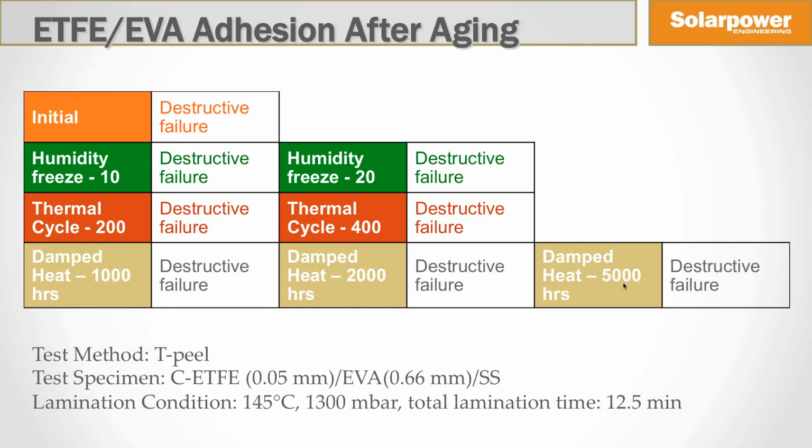The cohesive failure reinforces the bond strength of the ETFE-EVA interface, and the tensile strength of this film is actually the limiting factor for this test to fail. So with our proprietary treatment, the bonding between ETFE and EVA is guaranteed not only at the start but also after extensive accelerated weathering.